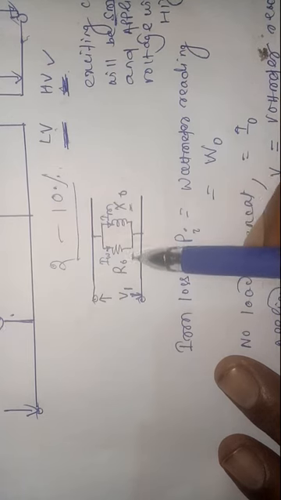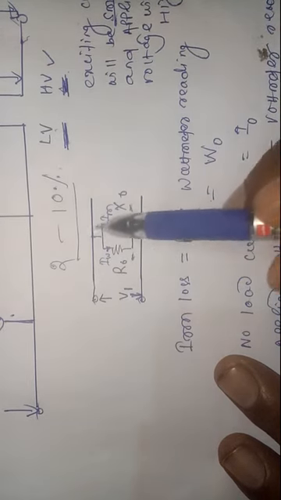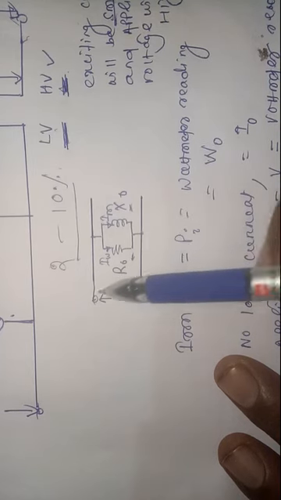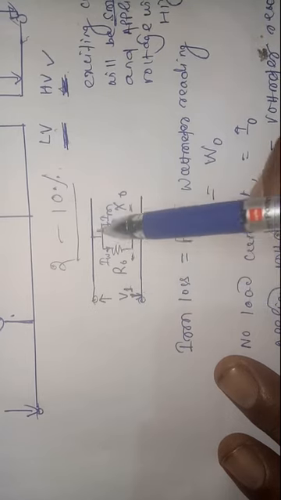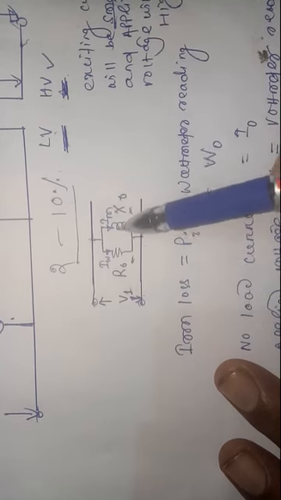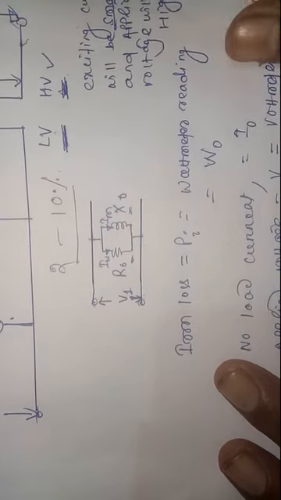Within this parallel branch of R0 and X0, the voltage appearing is your V1. So across R0 the voltage is V1, and similarly across X0 the voltage is V1.